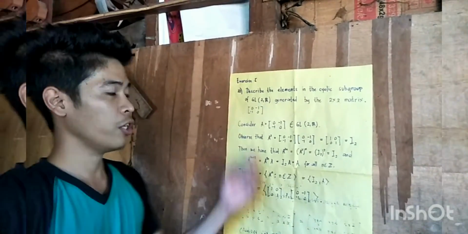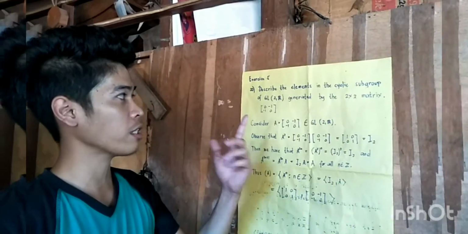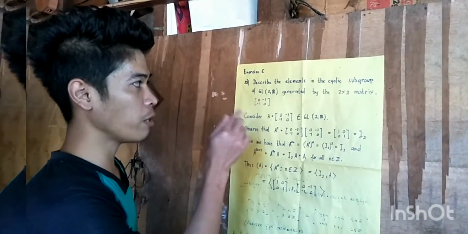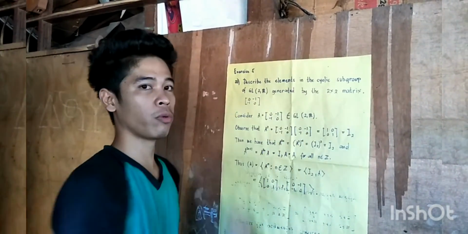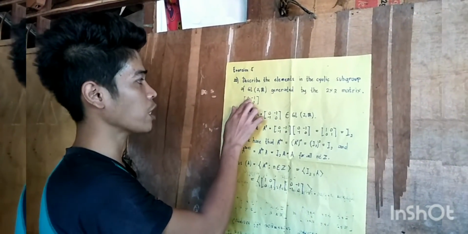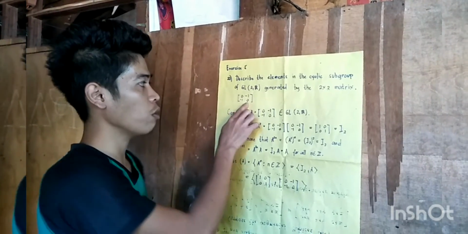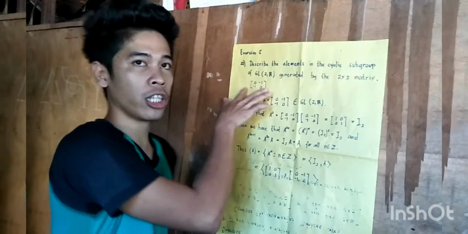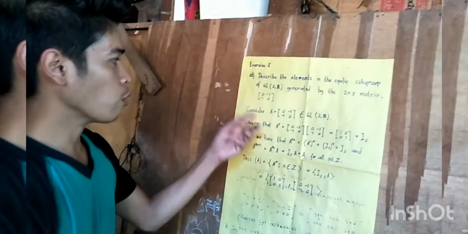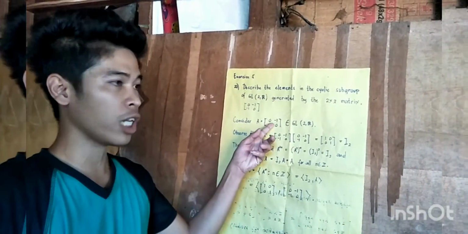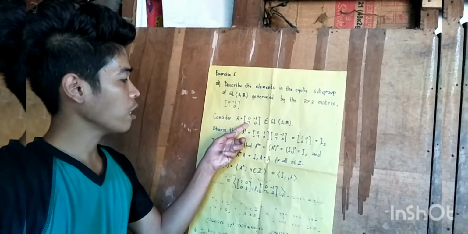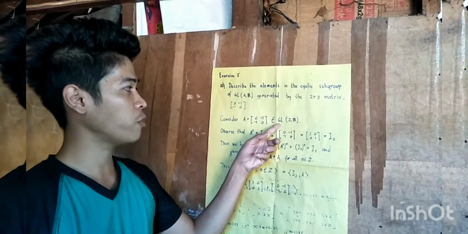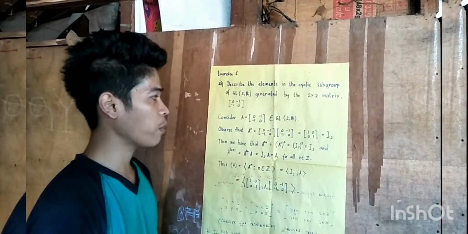The question is: describe the elements in the cyclic subgroup of GL(2, R), the real numbers, generated by the 2 by 2 matrix with rows 0, negative 1 and negative 1, 0. In short, we have the identity matrix. So we consider A equal to the matrix 0, negative 1, negative 1, 0, which is an element of GL(2, R).